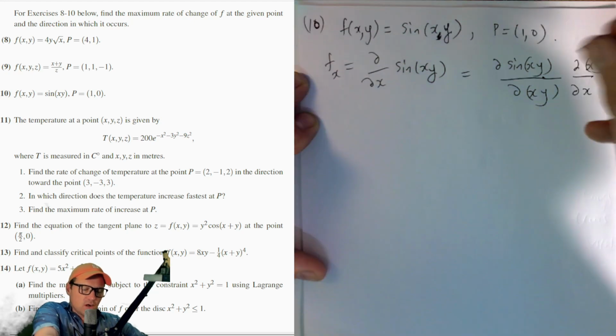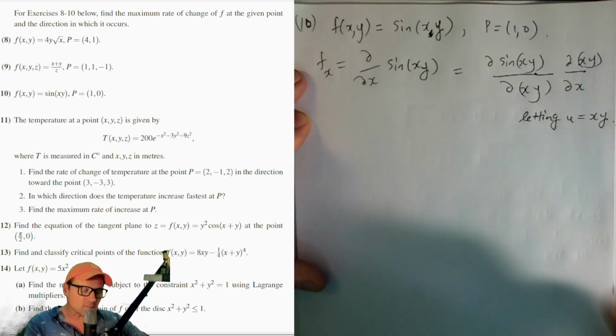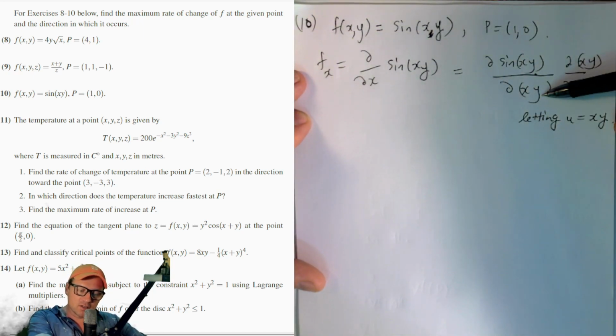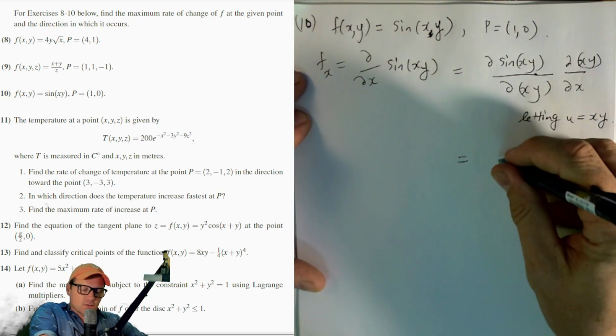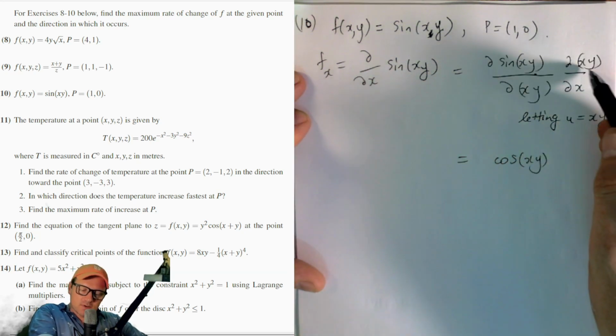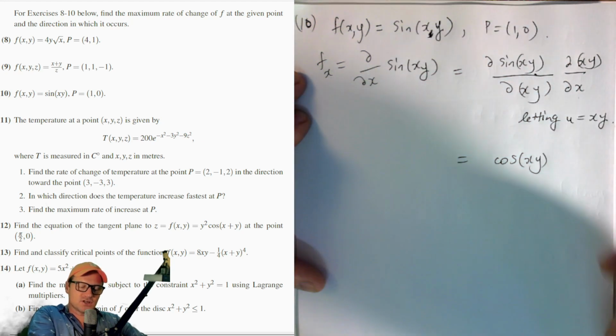Okay, so simplifying this, the derivative of sine of u with respect to u is cos of u. So we have cos of x times y, and then the derivative of x times y with respect to x partially is just y.